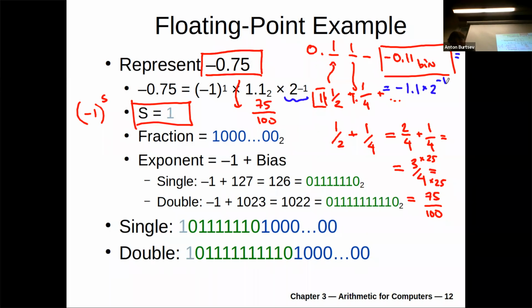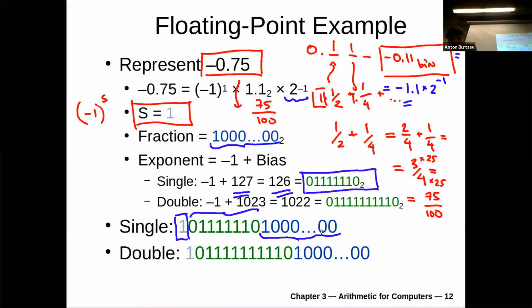Your fraction then becomes this one, since we don't keep the leading 1 around, and your exponent becomes negative 1 plus bias. The bias for single precision is 127, so negative 1 plus 127 is 126. That's your exponent. If you look at the representation of this number in single precision form, this is your sign, this is your exponent, and this is your fraction.